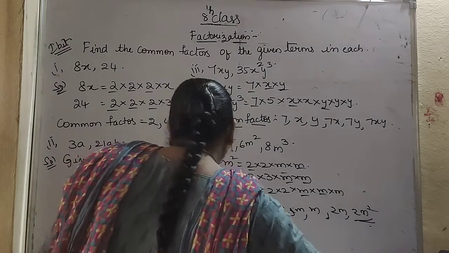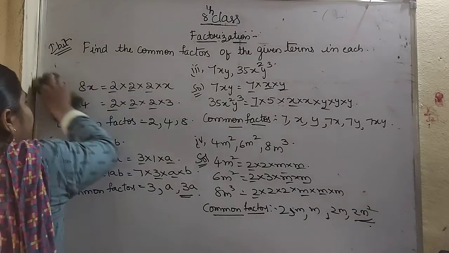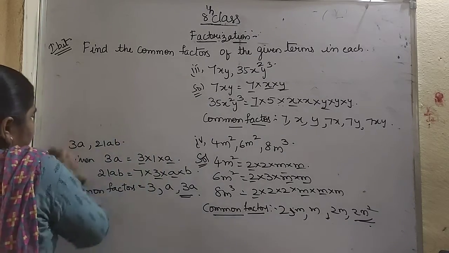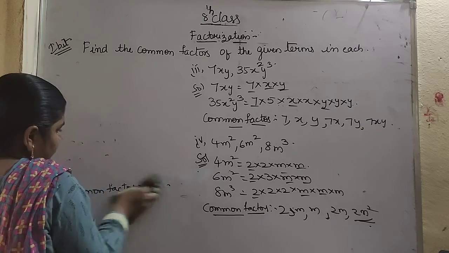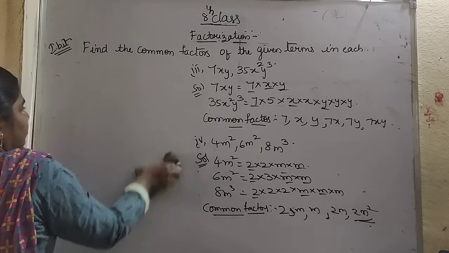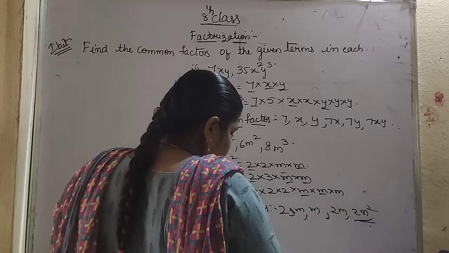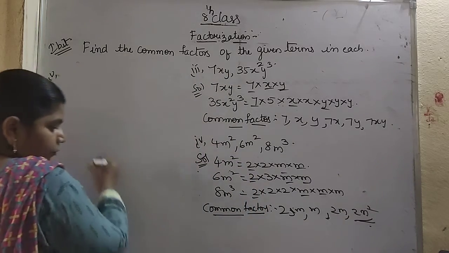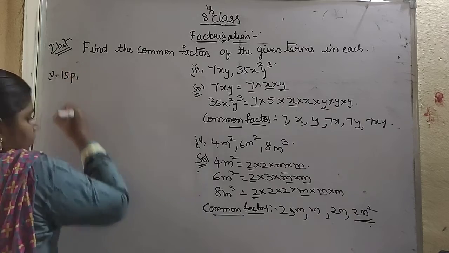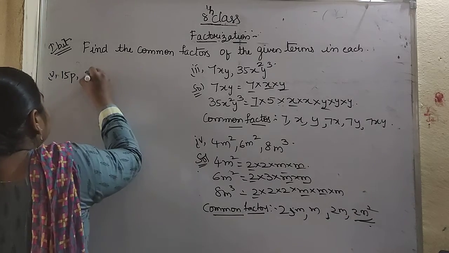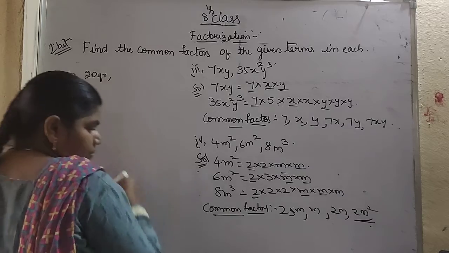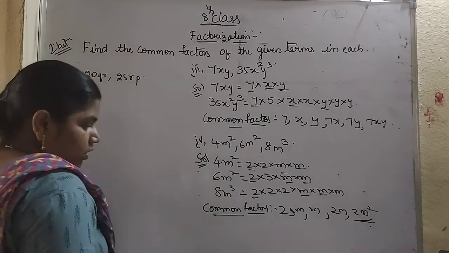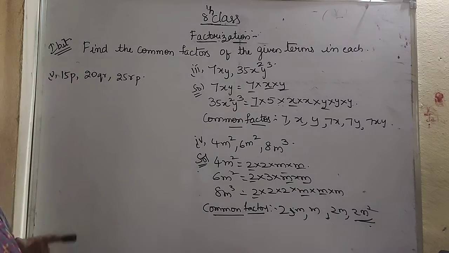Next is the fifth one. The fifth is 15p, 20qr, 25rp. From this we have to take the common factors.